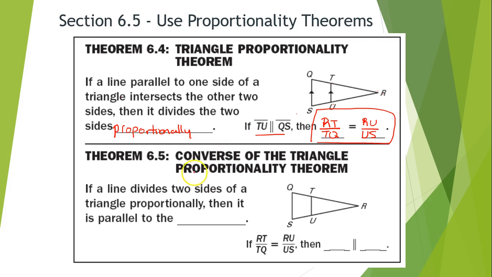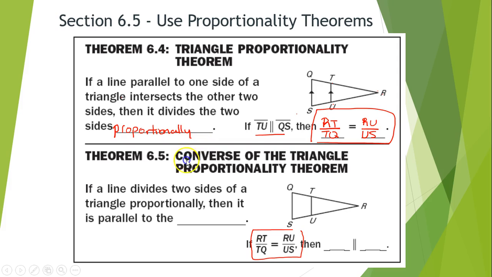Now, the other way, if we know that these two segments are proportional to each other, so if this, then the two opposite sides are parallel to each other. So these two sides right here are going to be parallel.